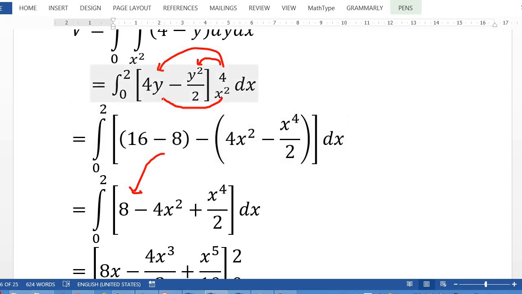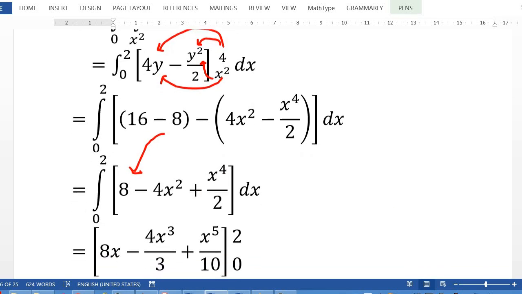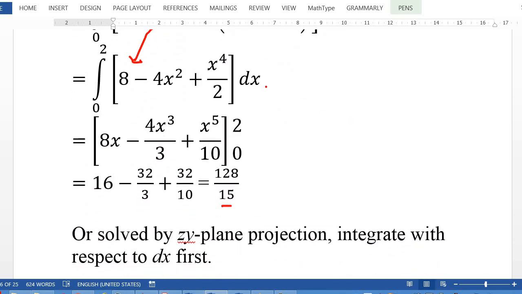Then you plug in the lower limit: minus 4x squared, minus x squared squared again, x power 4, over 2. Simplify: minus 4x squared plus x power 4 over 2. Until here, you may use a scientific calculator to integrate, or you can integrate manually.